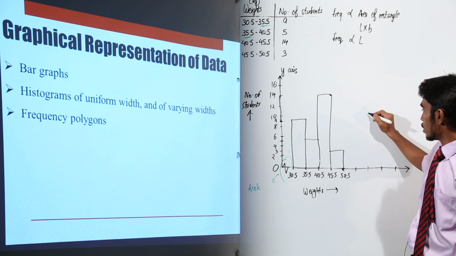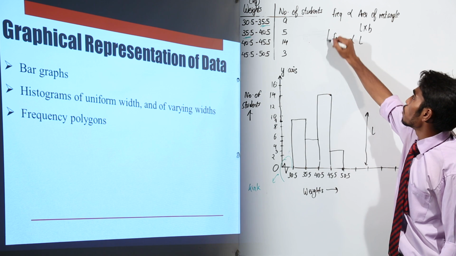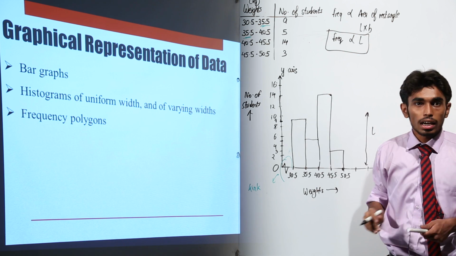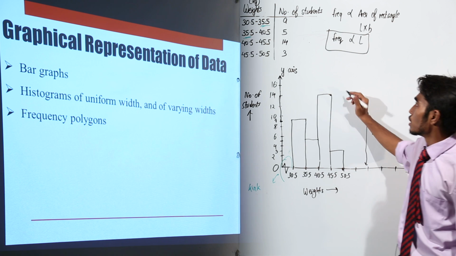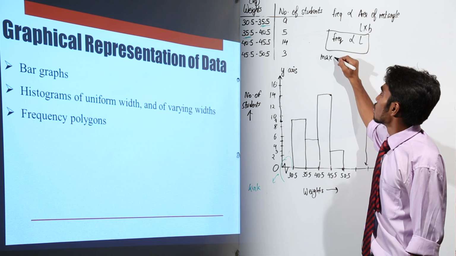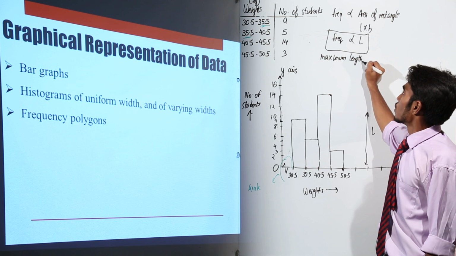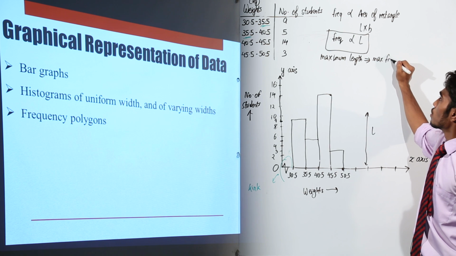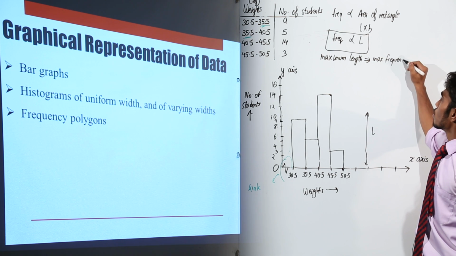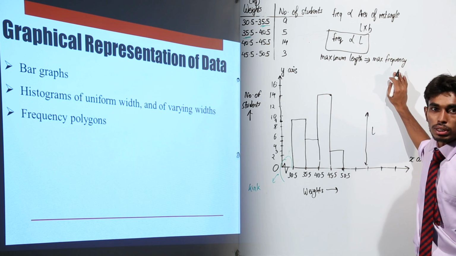This is the length of the rectangle, right? So the frequency will depend on the length of the rectangle. So the rectangle having the maximum length or the maximum height will have the maximum frequency. Maximum length corresponds to maximum frequency, right?